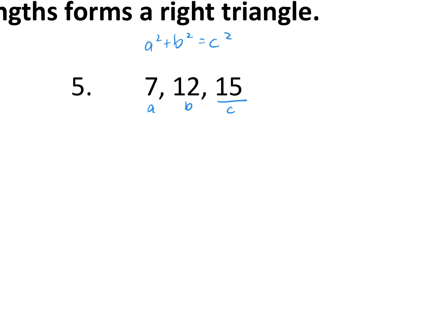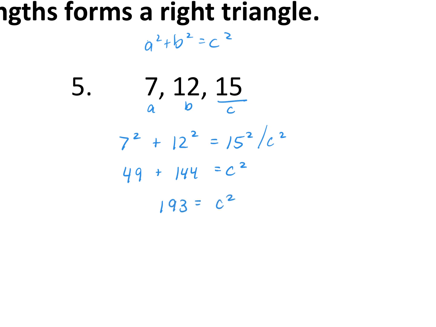Hopefully you set up your equation like this: 15 squared, or the same thing as c squared. 7 squared is 49, because 7 times 7 is 49, plus 12 times 12 is 144, equals c squared. When I added those two up, I got 193 equals c squared.